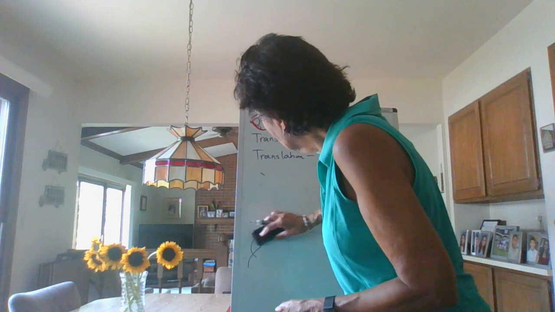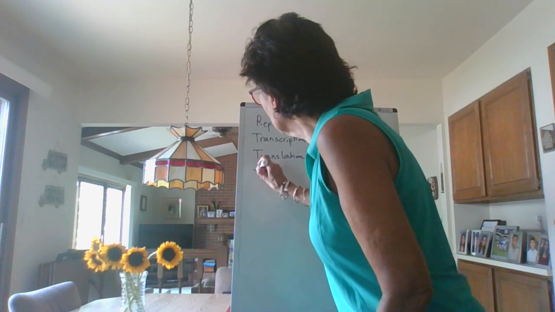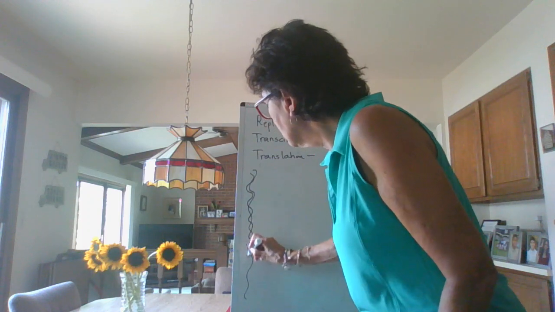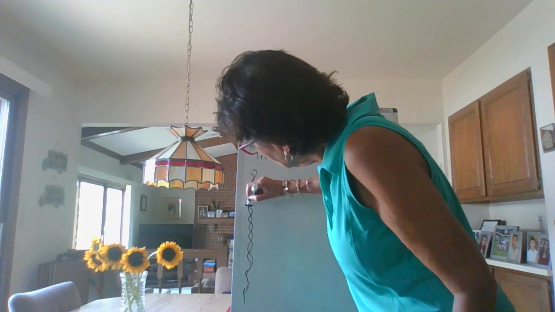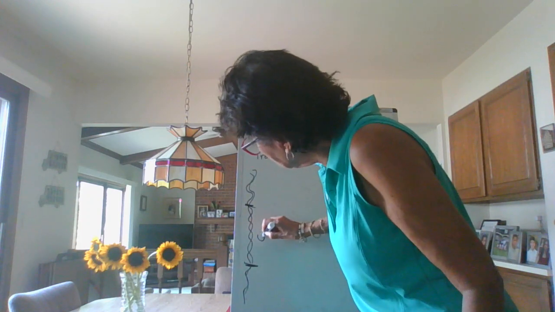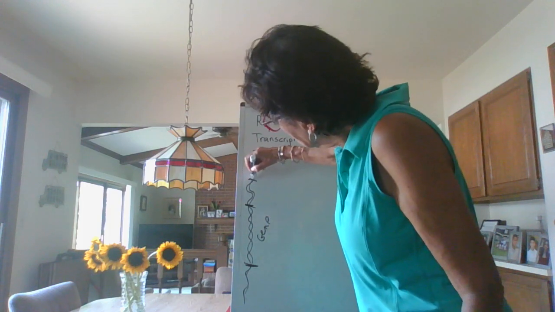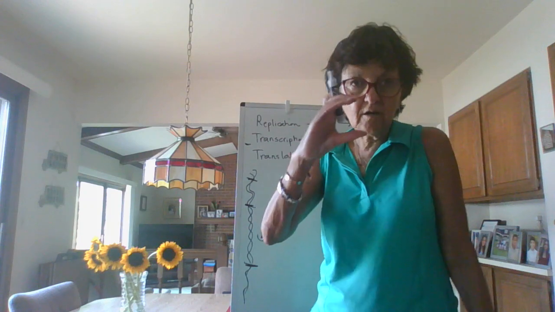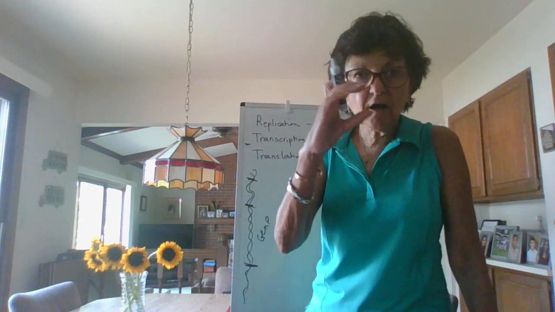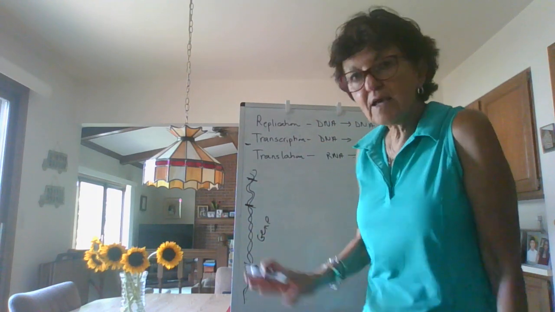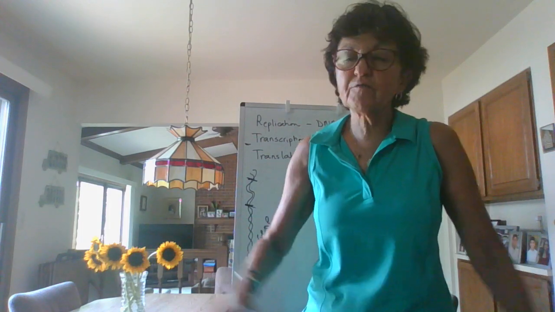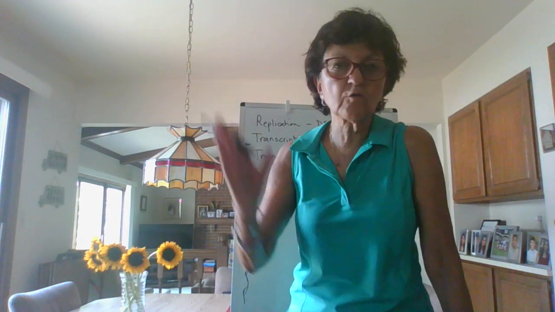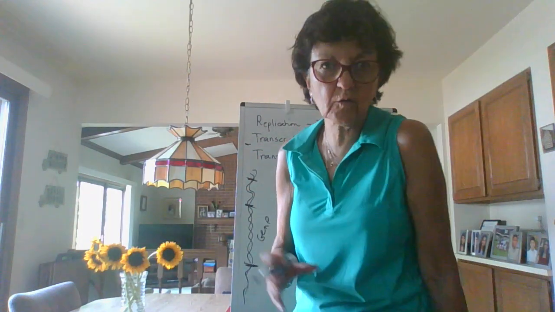All right, so let's pretend that this section here happens to be a gene. And maybe this section over here is another gene. So a section of your DNA is the gene that codes for some type of amazing protein in your body that makes you super smart, whatever, hypothetical, okay?